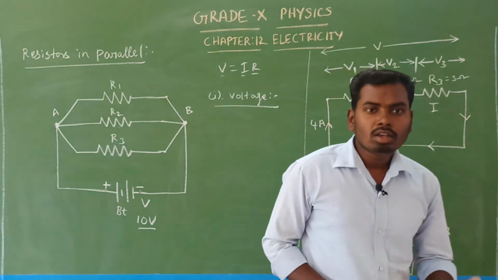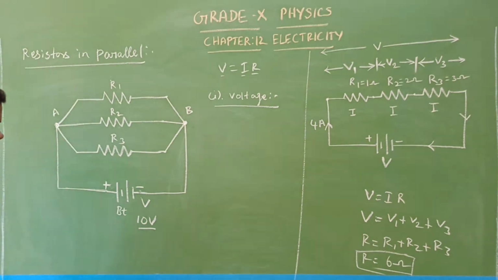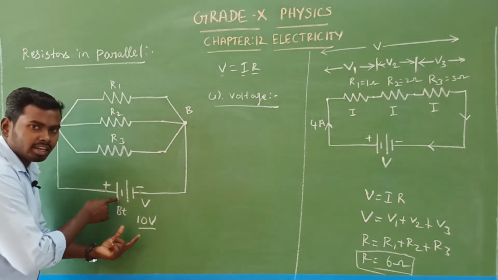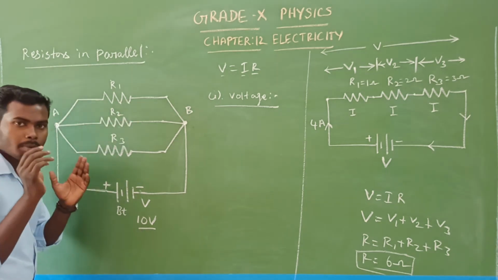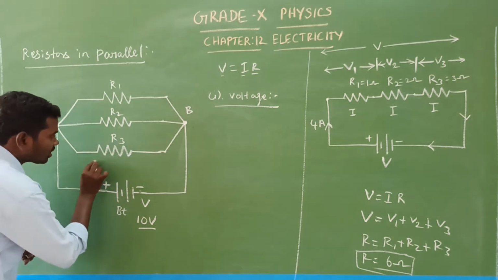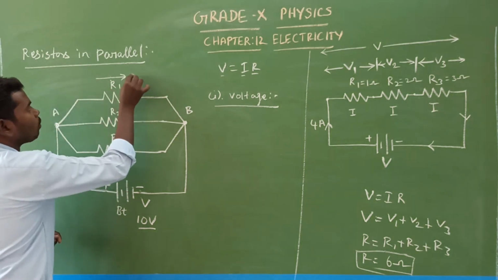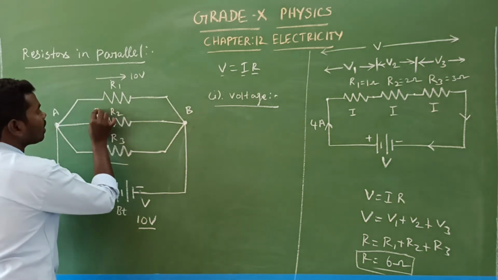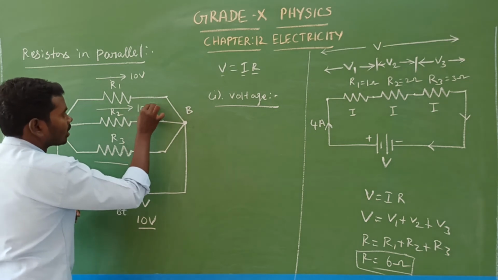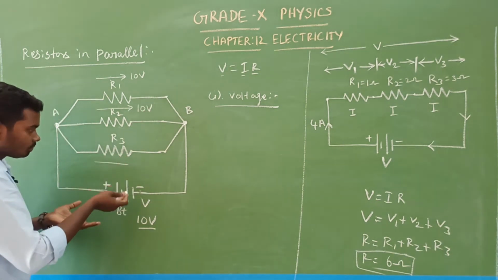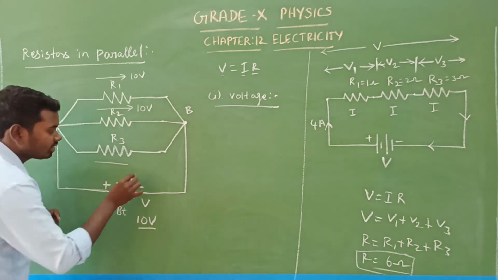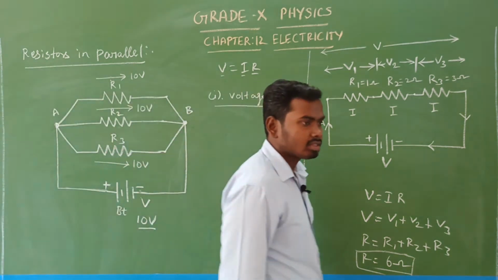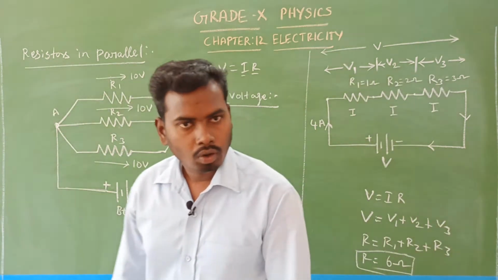If we apply 10 volts by this battery, across the resistor R1 the potential difference will be the same 10 volts, across R2 the same amount, as well as across R3, that is 10 volts.